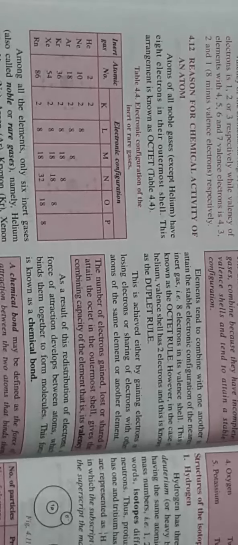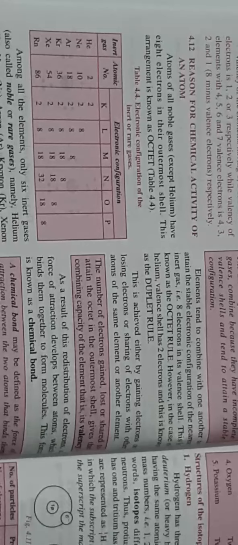If you check the electronic configuration of all the noble gases or rare gases, you will find that their outermost shell is complete. In the case of helium, the first shell is the outermost shell and it contains 2 electrons. If we move on to neon, argon, krypton, xenon and radon, all of these gases have completed their octet.